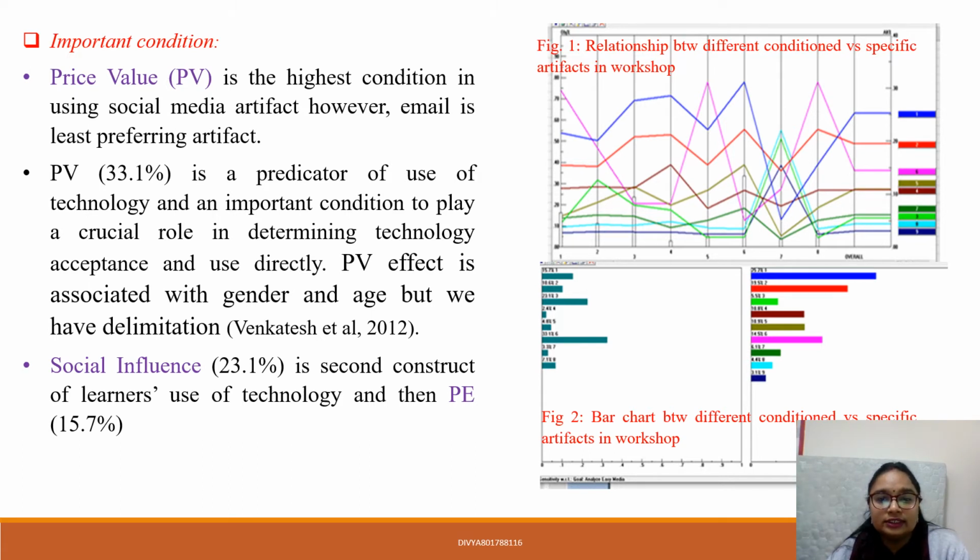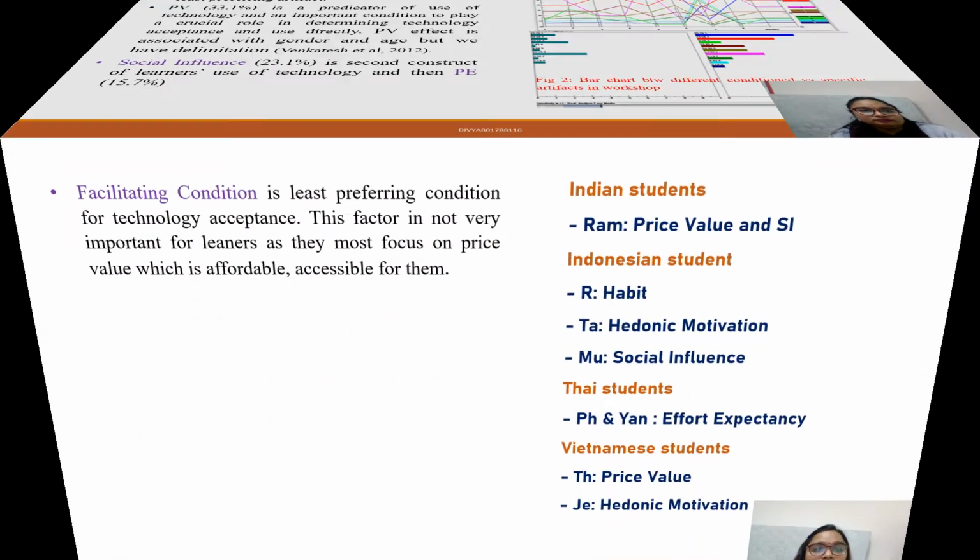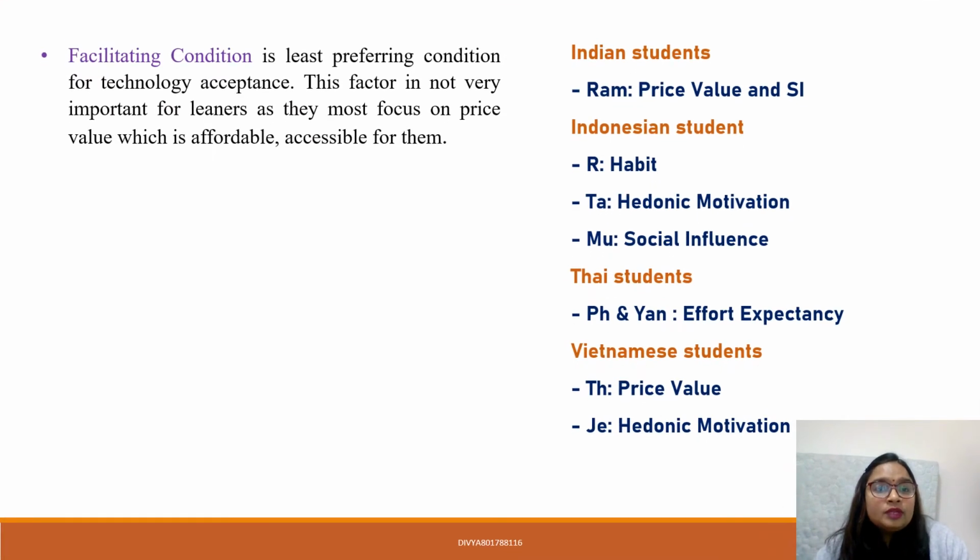The third one is performance expectancy. Here we can see that facilitating condition is the least preferred condition for technology acceptance, because this work has been done in a group workshop mode.